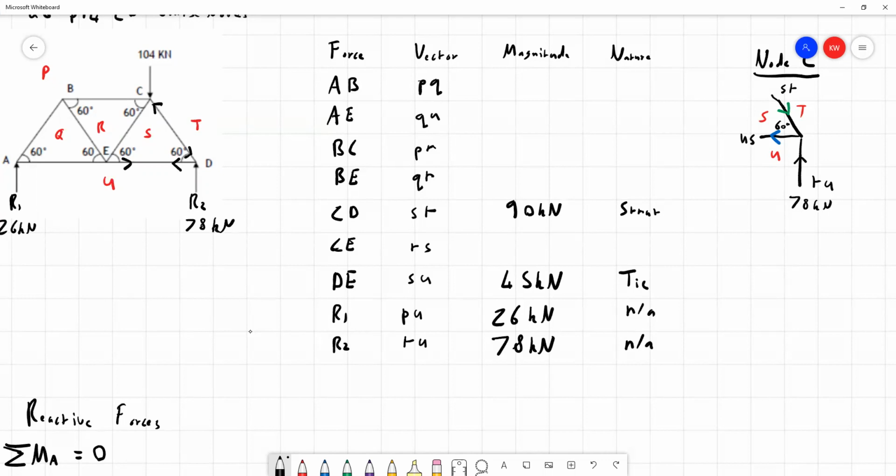So we now know something about one of the forces at node E, and we know something about two of the forces at node C, because we now have information about CD, and we also have this external force of 104 kilonewtons. We still have two unknowns, the members BC and CE, but that's enough information in order to move on to node C.